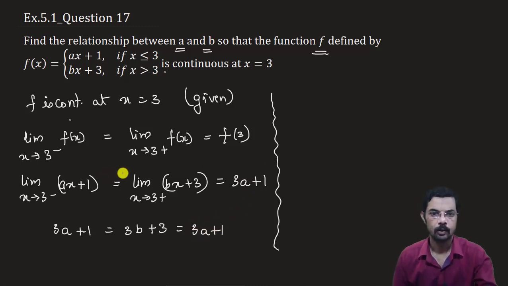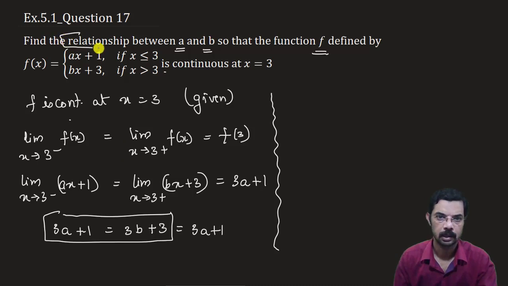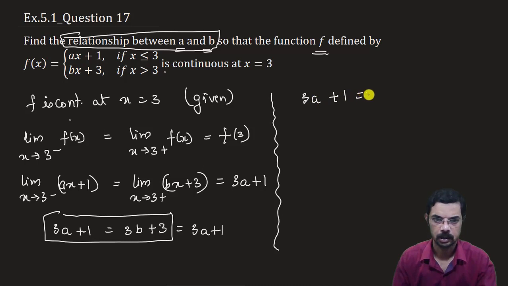Clear? Now let us take the first two equations. We need to find the relationship between a and b. So we have 3a plus 1 equal to 3b plus 3.